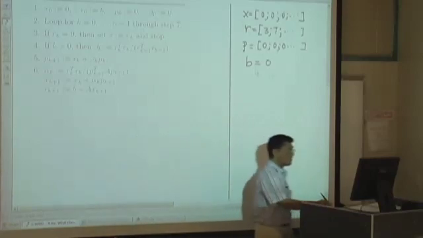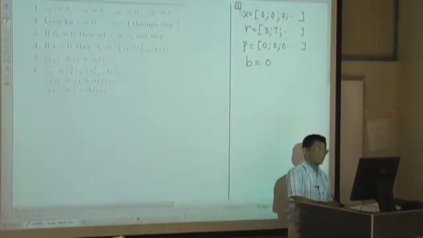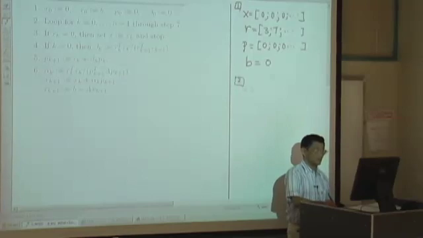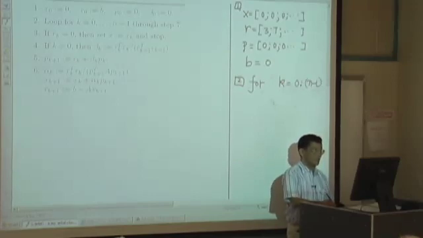Now the second step implementation: for certain index k running from 0 to n minus 1, right? N minus 1. And then we are looping it.